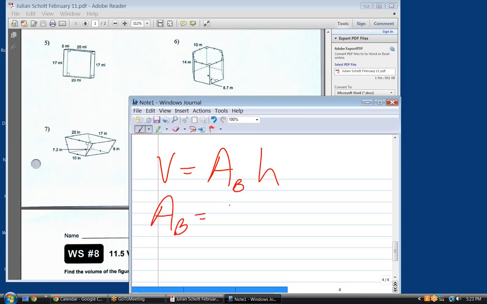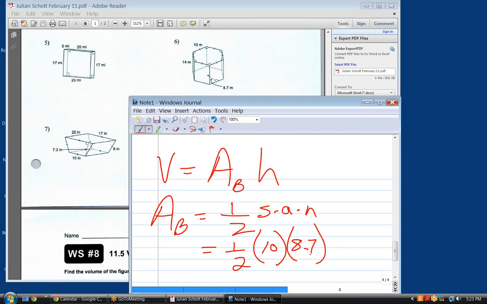Give me the general formula. 1/2 side. Okay. What's the side length? 10 meters. What's the apothem? 8.7. And how many sides are there? 1, 2, 3, 6. Okay. So what's the area of the base?